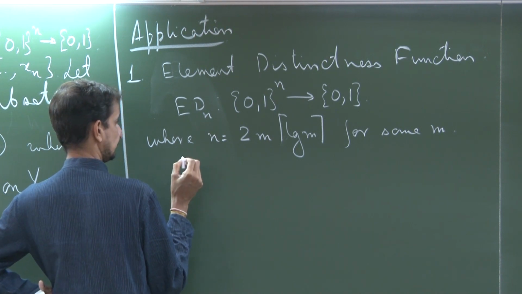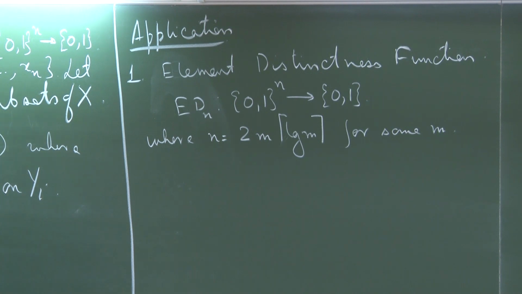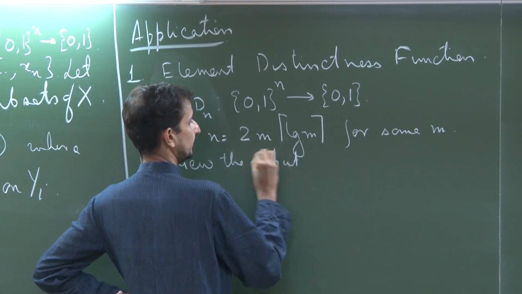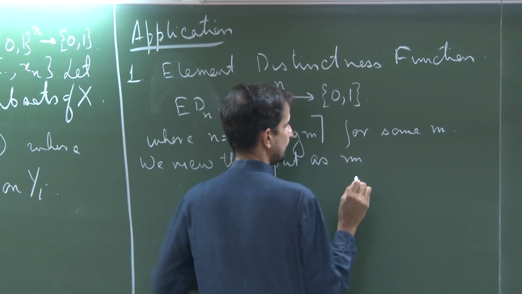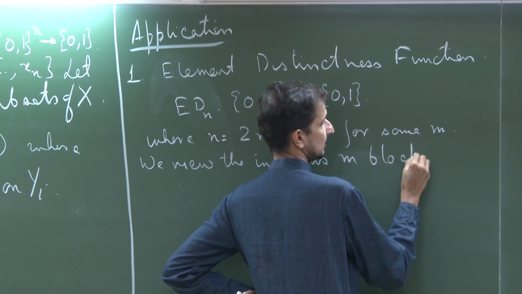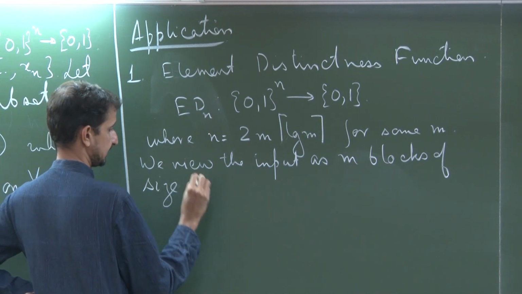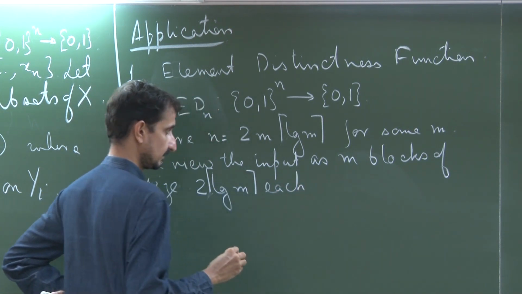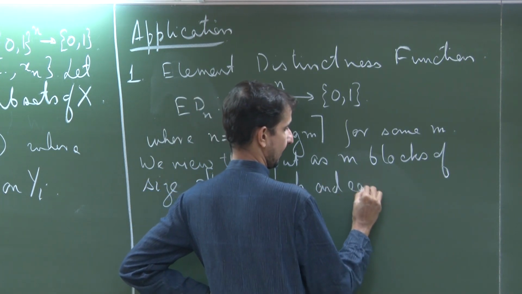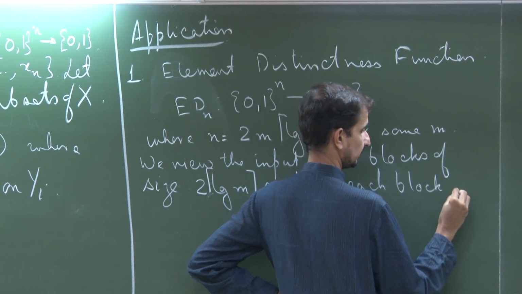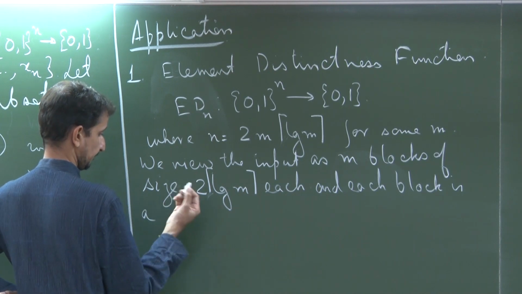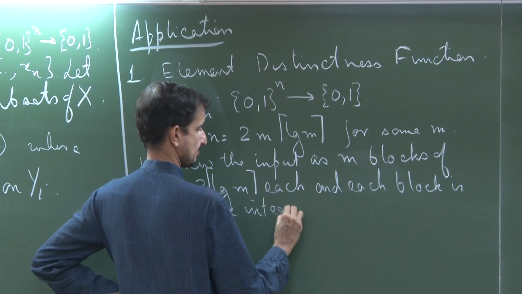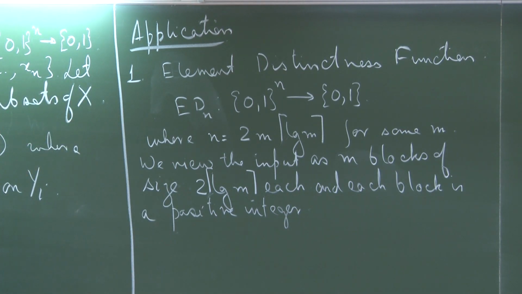We view the input as m blocks of size 2 log m each, and each block is, let us say, a positive integer. Okay.